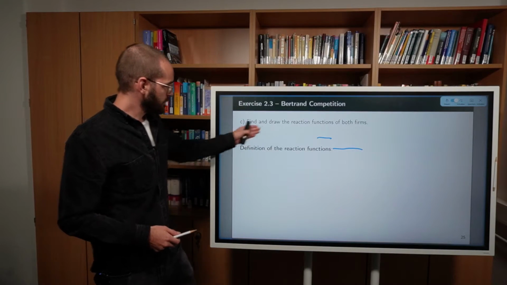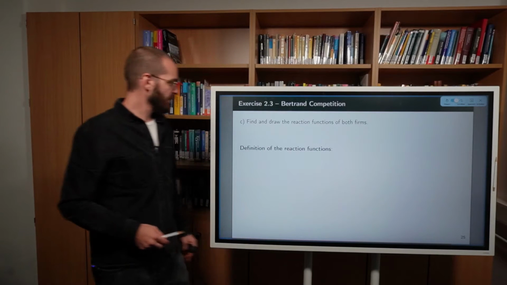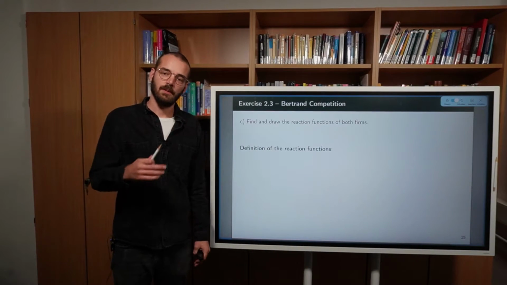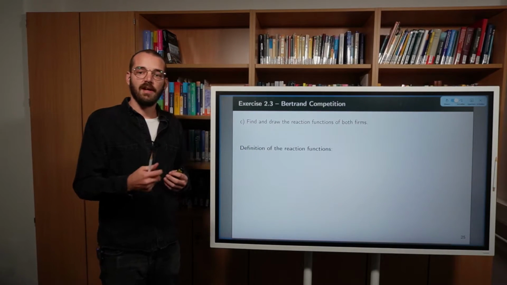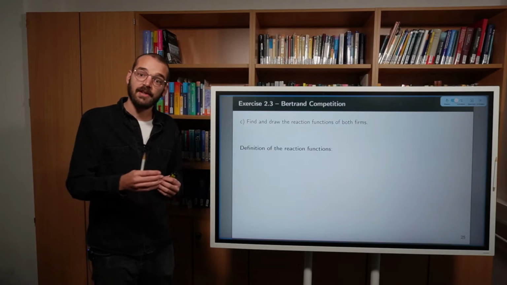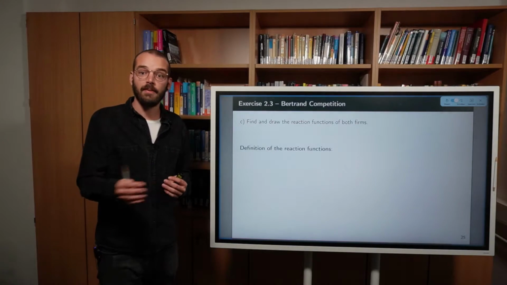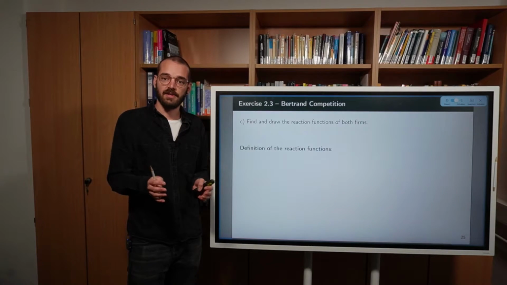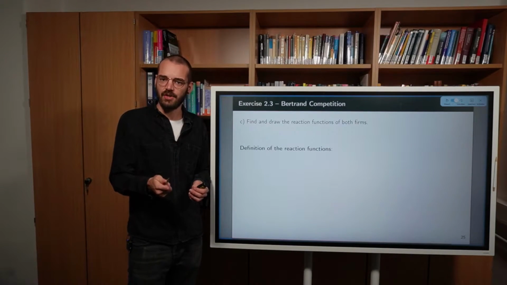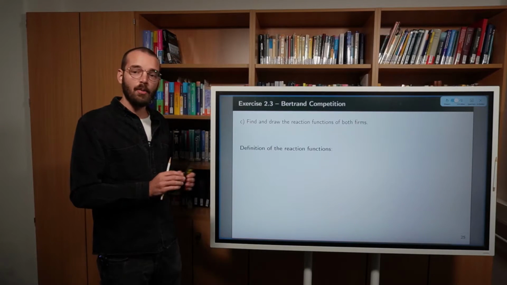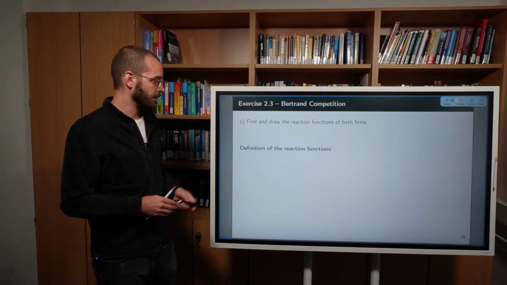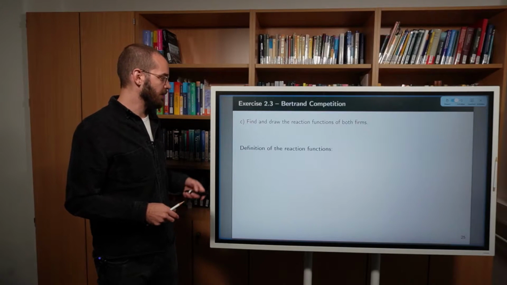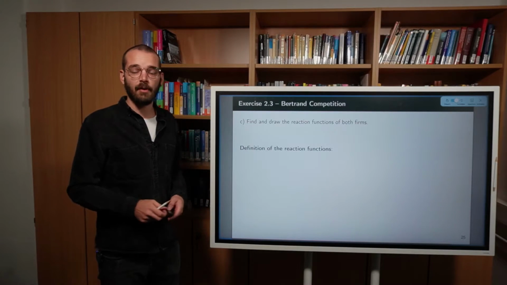All right, let's first think about reaction functions. I already tried to lay out what the reaction function should capture verbally on the previous slide, what the profit maximizing strategy is. Let's now make this formal. Make a formal statement on how the reaction functions of both firms have to look.